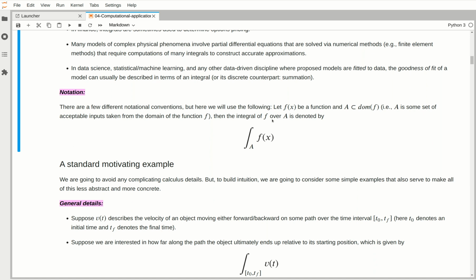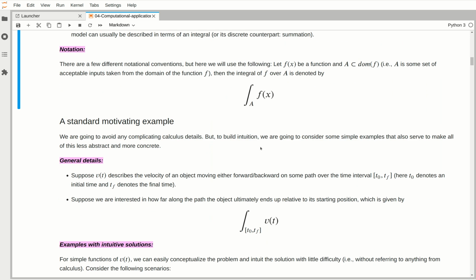And then the integral of f over A is denoted by this notation where it looks like an elongated S. You can think of that as like an infinite summation with that elongated S. You use A usually as a subscript to denote the domain of the integration, and then you'll have f of x. Sometimes you'll see some other notation here, like dx. Depending on the class you're in, the instructor might consider that optional. Here we'll consider it optional. This just really means the integral of the function f of x in kind of a base form here.